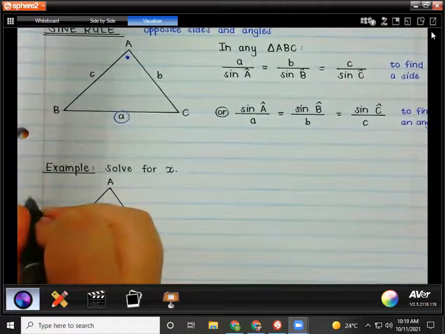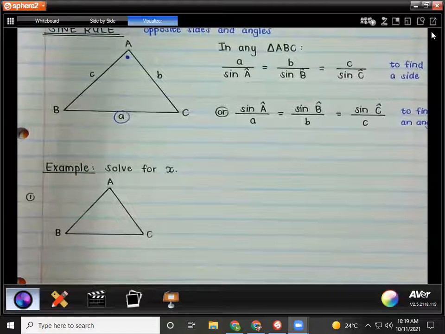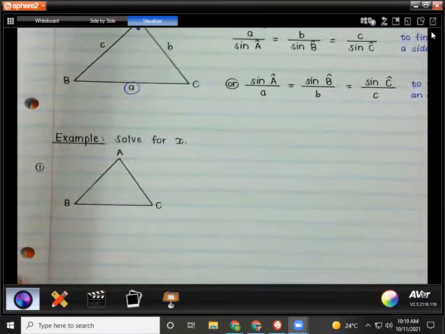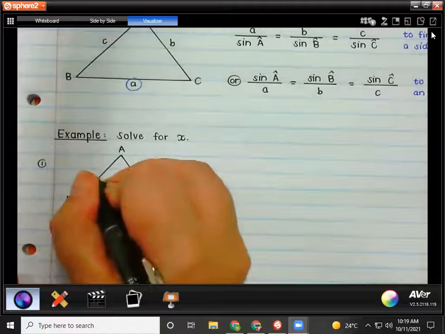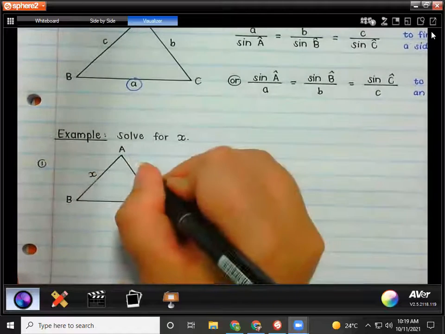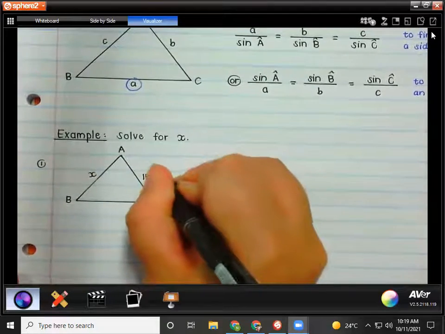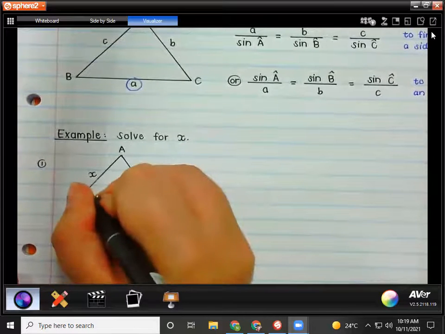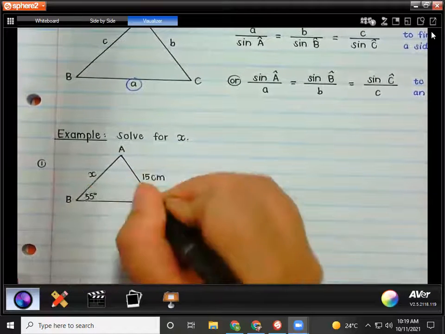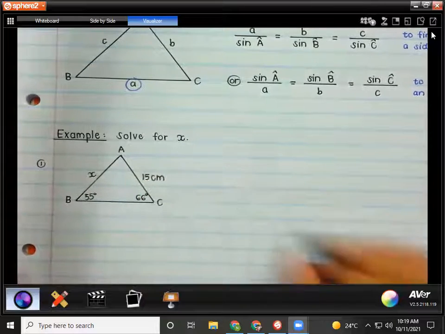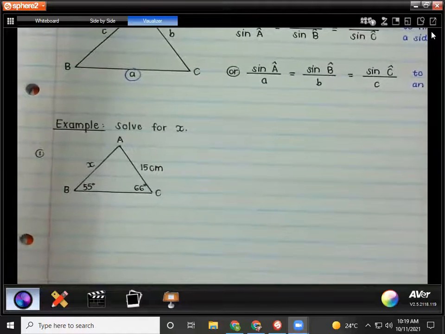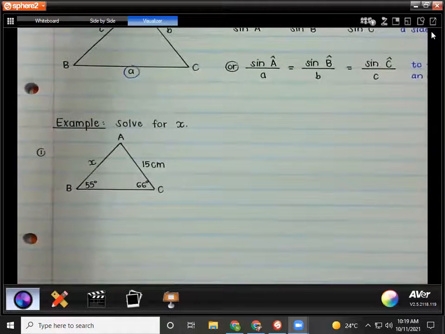Maybe we should label this as number 1 because we'll do the second one tomorrow. If this doesn't ask you for angle A in this case, you don't have to.